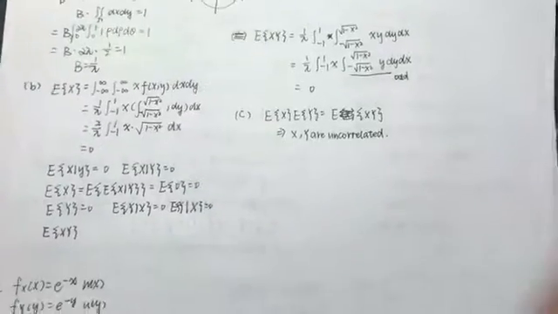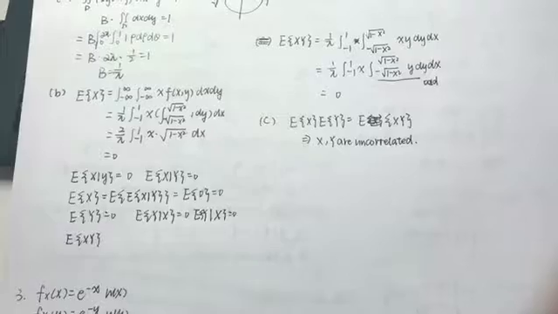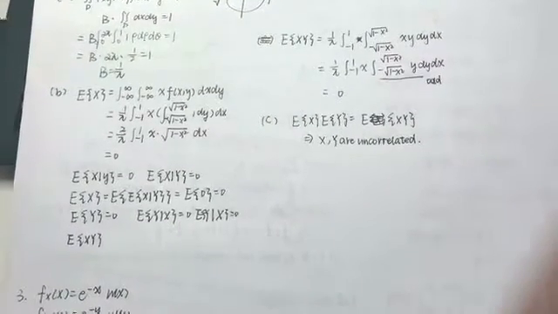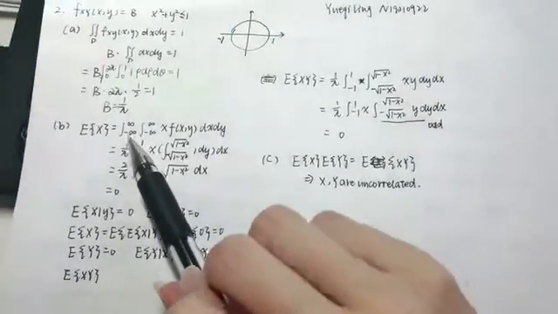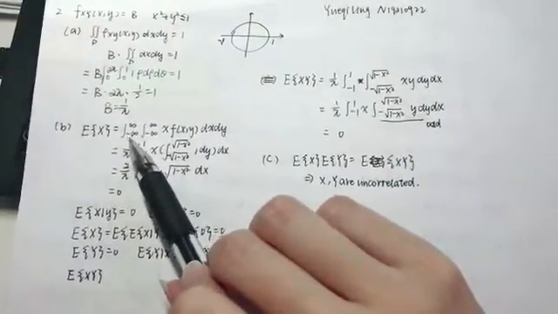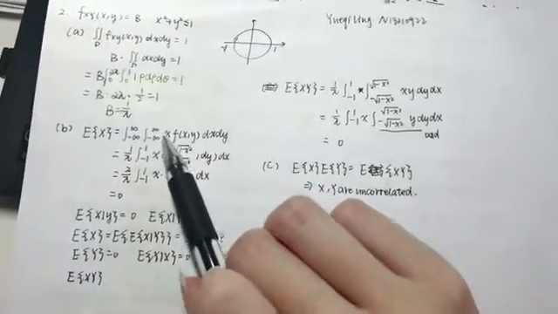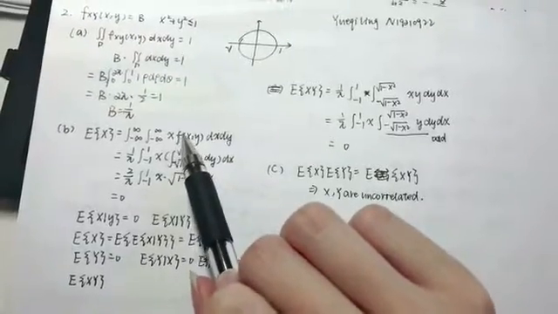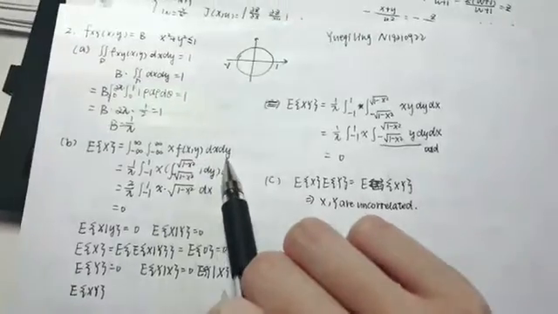At first we look at the expectation of x. It equals the integral from minus infinity to infinity, minus infinity to infinity, of x multiplied by the joint density function of x and y, dx dy.